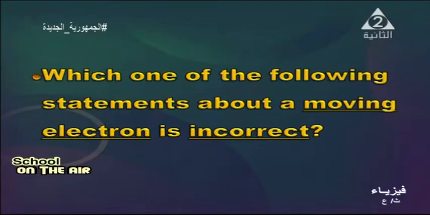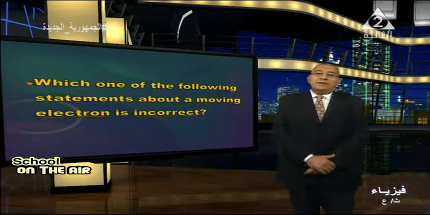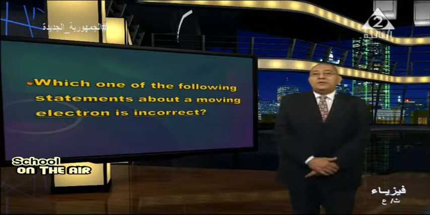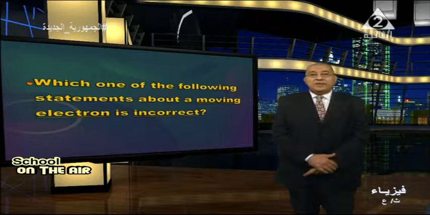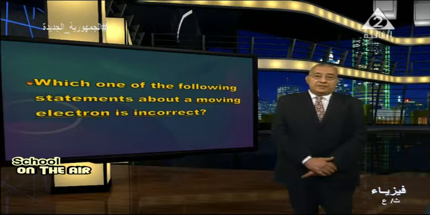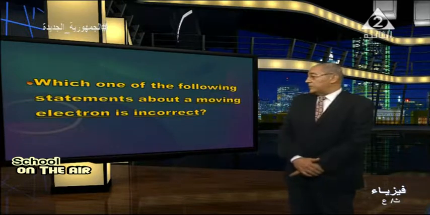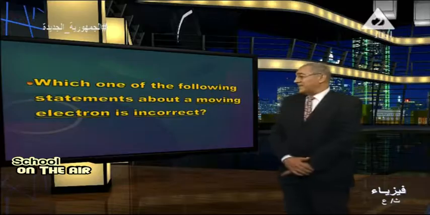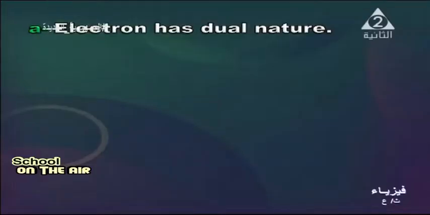Which one of the following statements about a moving electron is incorrect? Electron has dual nature. It means it has particulate nature and wave-like nature. It behaves as a wave and it behaves as a particle, and it is a negatively charged particle.